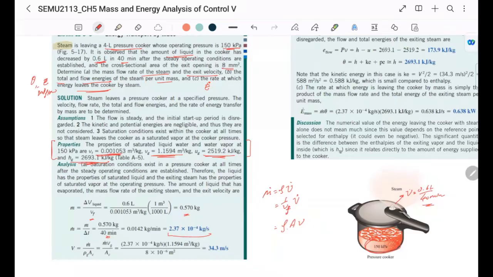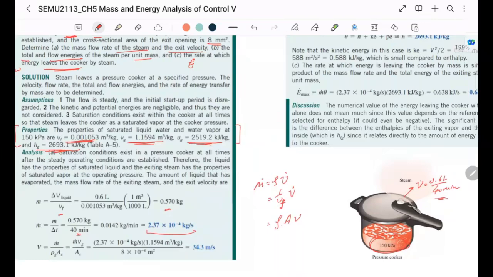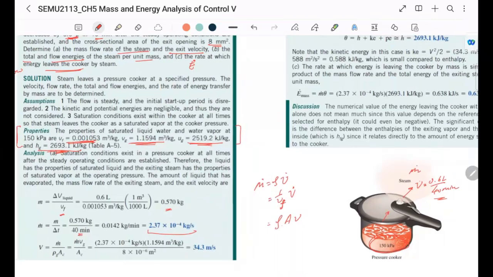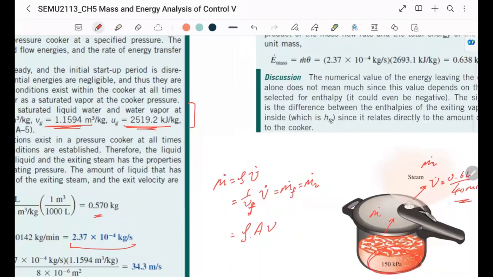So this volume represents the volume of the fluid itself, the liquid itself. So the mass going out equals the mass here. So this is equal to M1, also equal to M2, or more specifically, equal to Mg, equal to Mf. Here is the gas, here is the fluid.